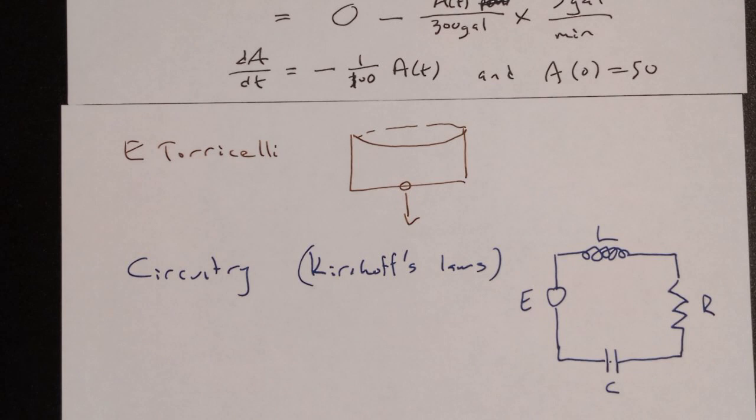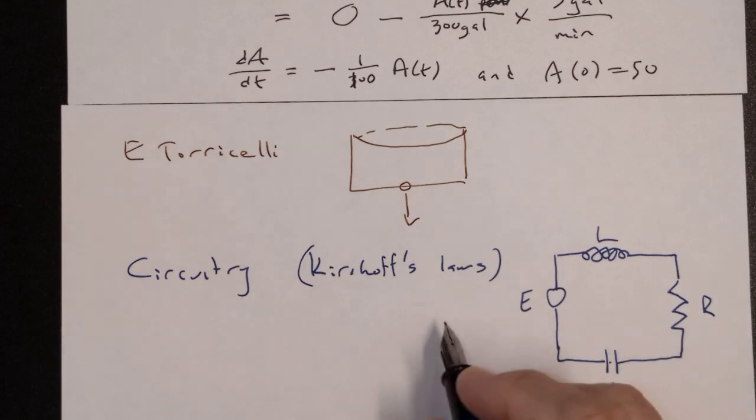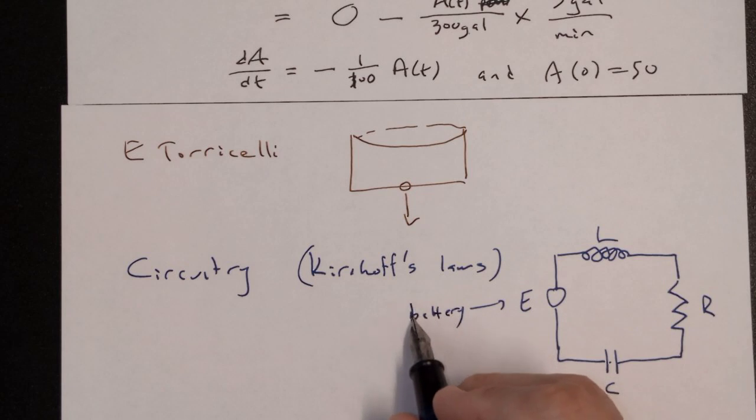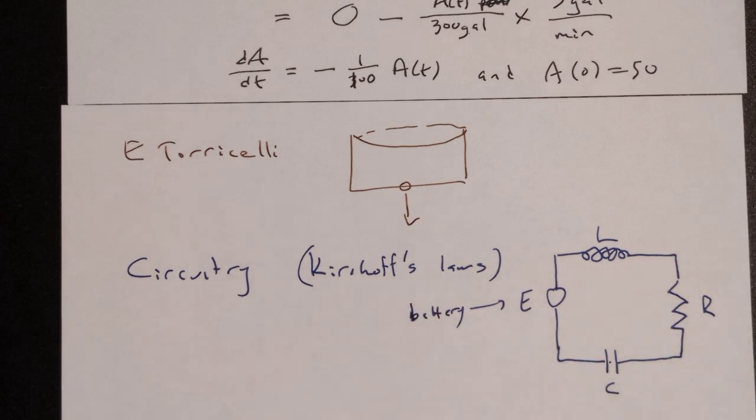E stands for electromotive force. That's my battery. It could also be being plugged into the wall, but that's alternating current, not direct current. I'm just going to go with direct current for the moment. We're going to use a battery. L stands for load.